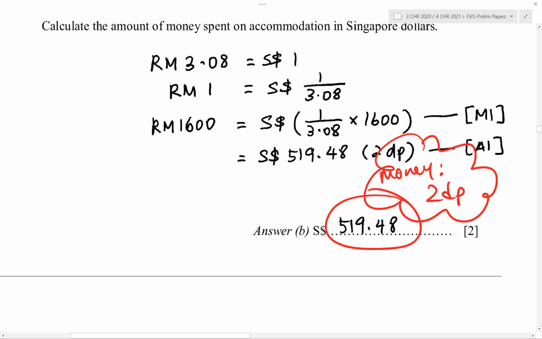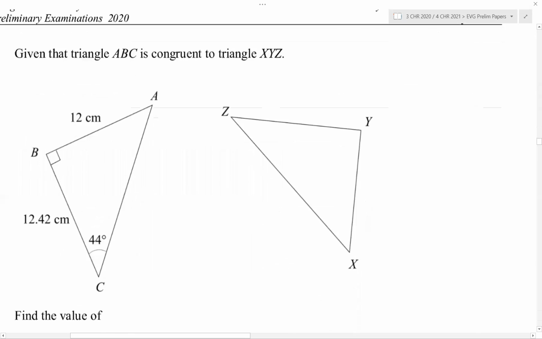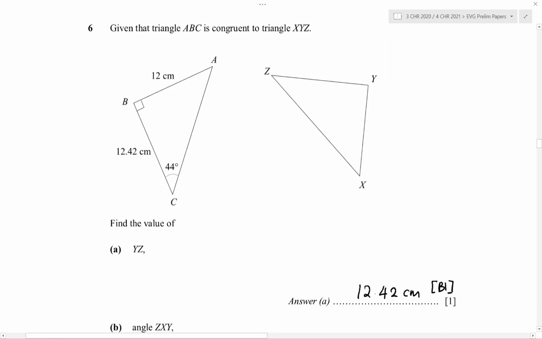Anybody needs more time? Wang Wei, Yukiko, if you need help, raise hand. Anybody needs more time? Oh, check. Okay, why is that? 12.42. Anybody needs help?